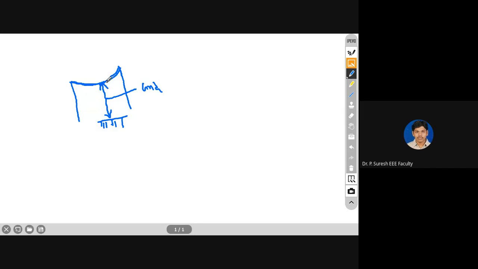The lowest point on the conductor to the tower erecting point is nothing but what we call sag. So what is sag? The distance between the lowest point on the conductor to the highest point on the tower is nothing but what we call sag.